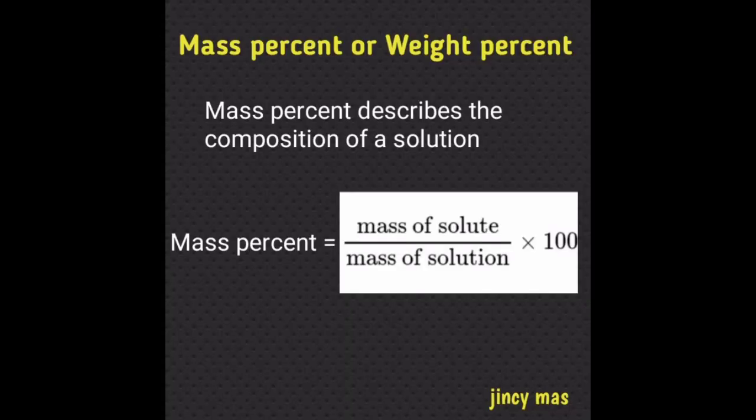So in short, mass percent describes the composition of a solution. We can calculate mass percent by using the formula: mass percent is equal to mass of solute divided by mass of solution into 100. You know that the mass of the solution is the sum of the mass of the solute and the mass of the solvent.